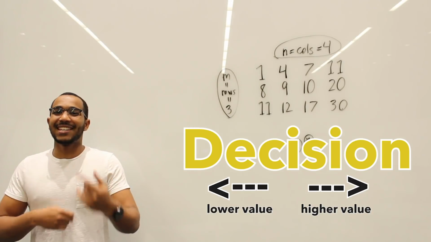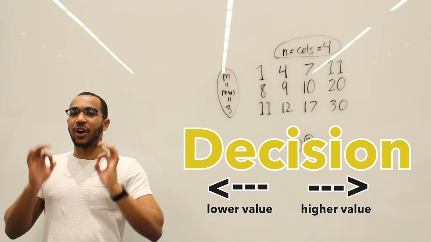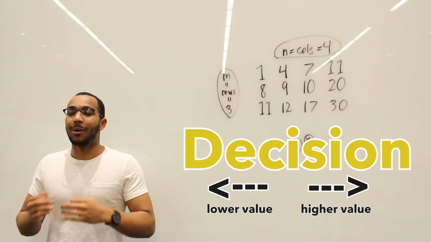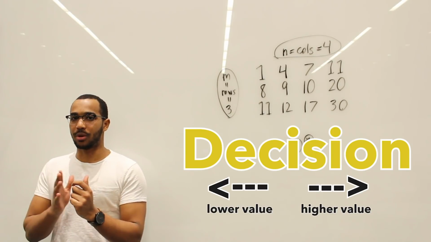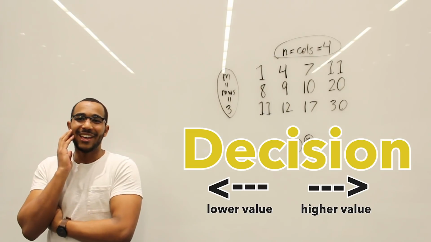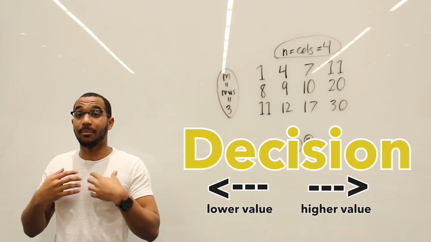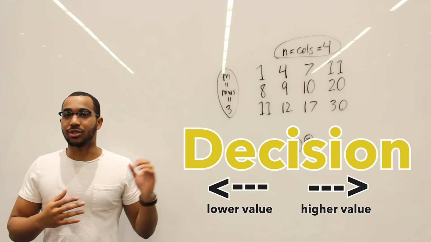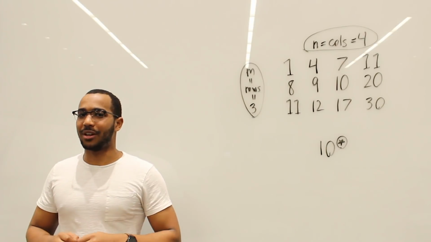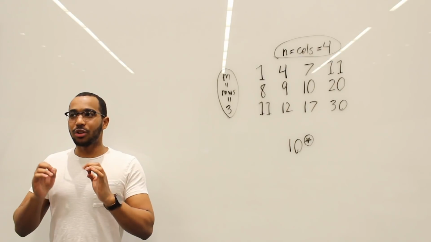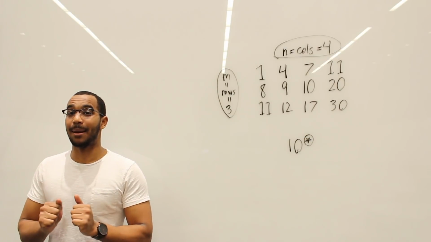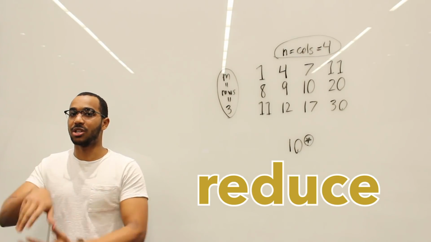But the decision is going to fundamentally bring us closer to an answer while maintaining the property that the array is sorted. So what we need to think of is, what are the core choices I can make at any step to reduce my decision space?